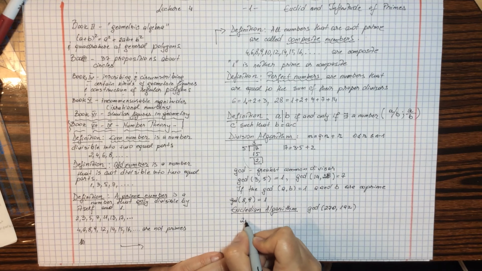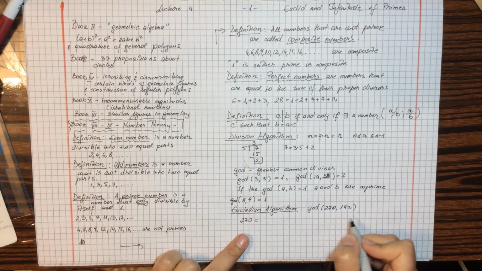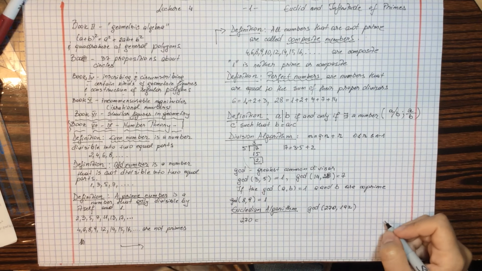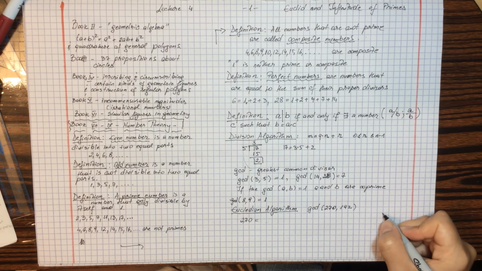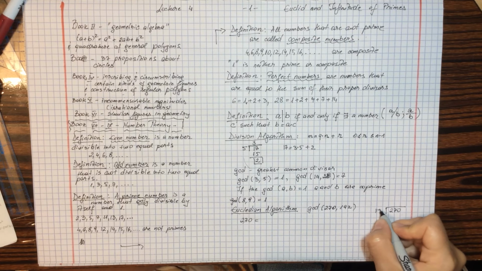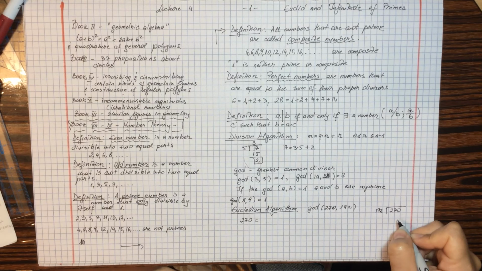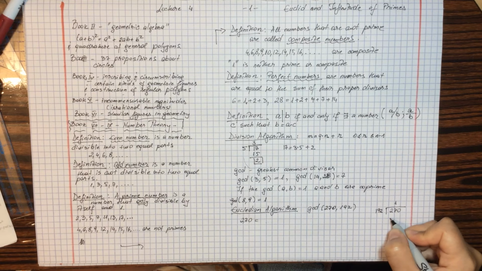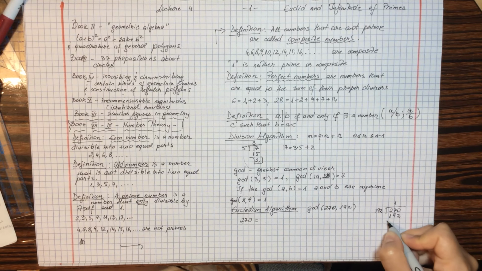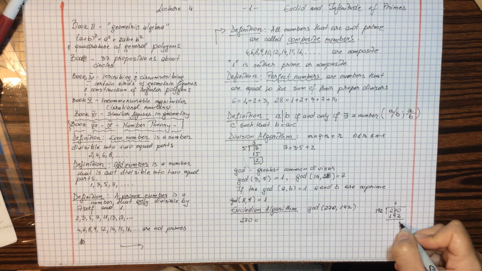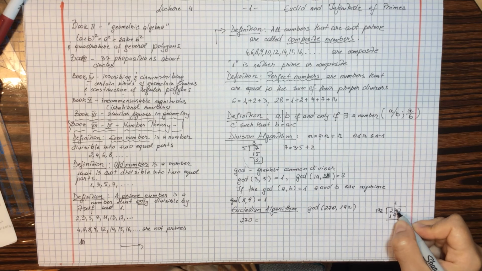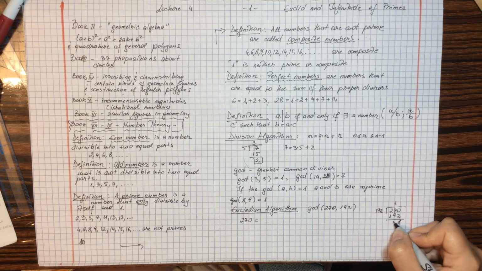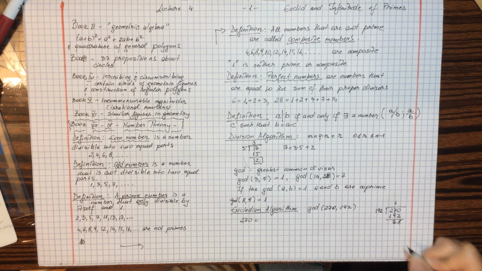What does that mean? You can perform this aside. 270 divided by 192. Well, 192 goes into 270 certainly once. 10 minus 2 is 8, 16 minus 9 is 7.